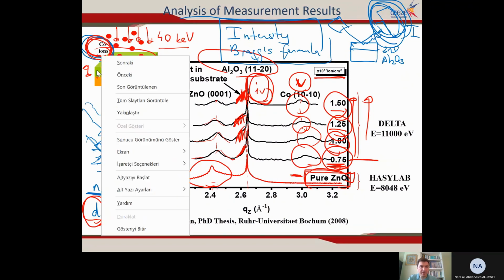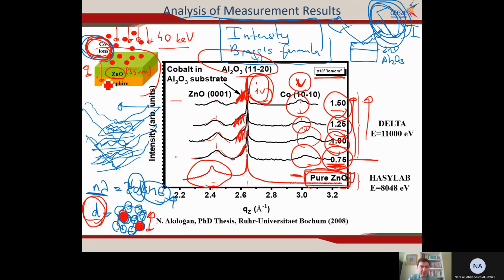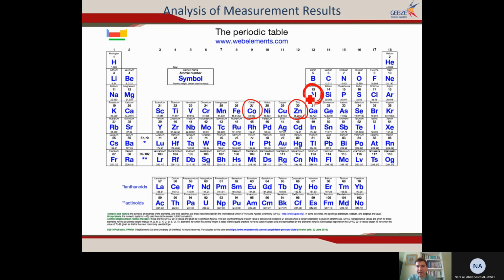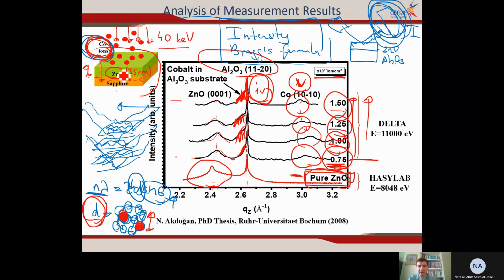If they go deep into the material and if they can enter into the sapphire, what do you expect? Sapphire also has a hexagonal structure. And what about the aluminum atom within the sapphire? Aluminum is a much smaller atom compared to cobalt. If you put cobalt into the sapphire crystalline structure, then what will happen?